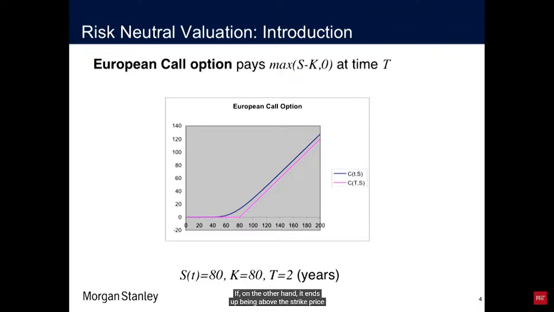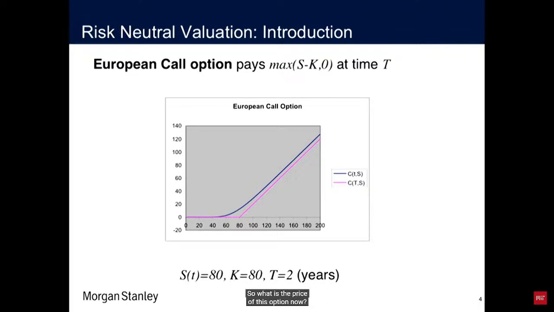If, on the other hand, it ends up being above the strike price, or the option is in the money, then the payout will be S minus K as before. So in mathematical terms, the payout is the maximum of S minus K and 0, right? And that's what happens at expiry time, this blue line.